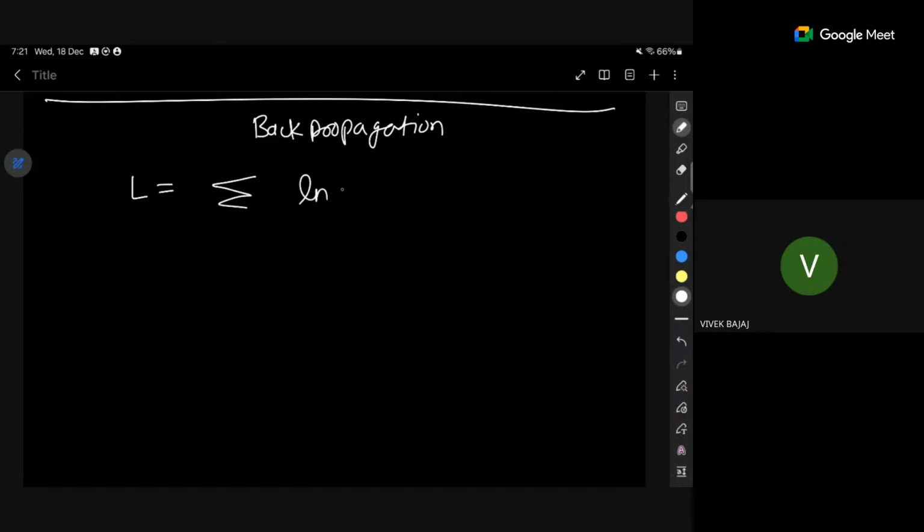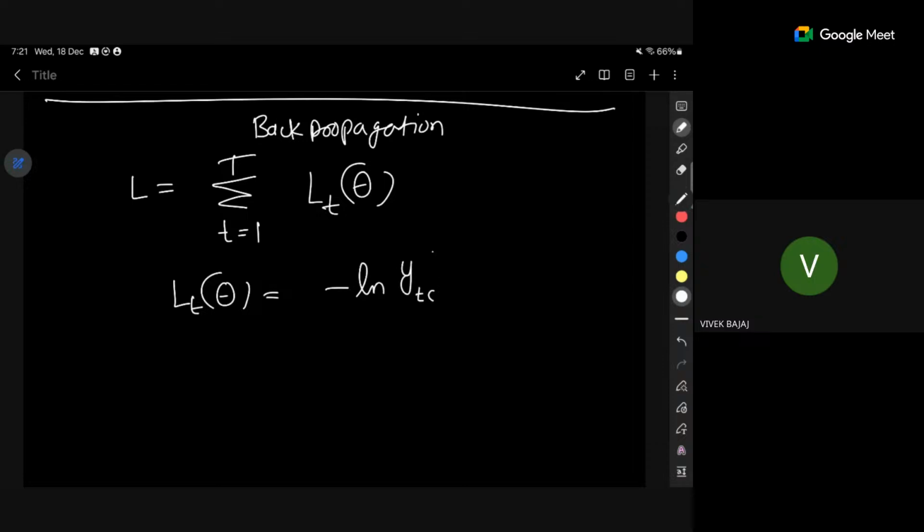So we'll have ln y_tc, where t means the true character at that time step, right? So the total loss is minus the sum of L_t(theta) from t equal to 1 to whatever time step we go, and L_t(theta) is minus ln y_tc, where tc was the true character at that point.